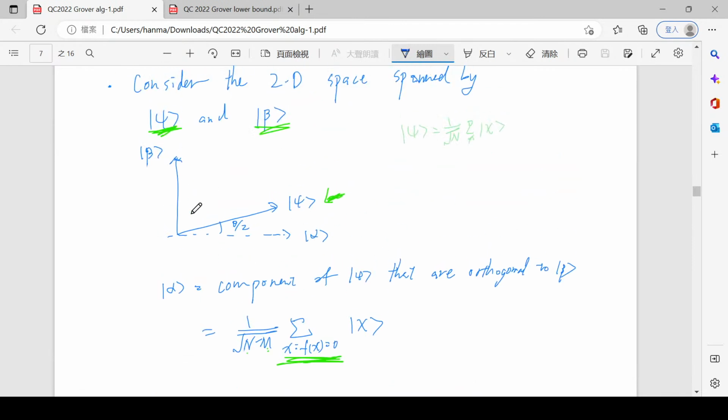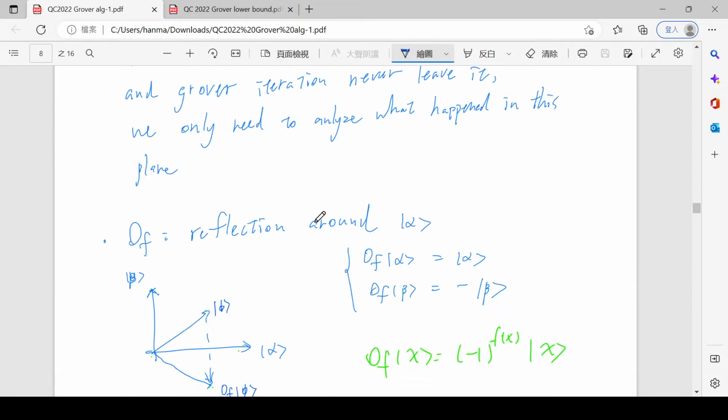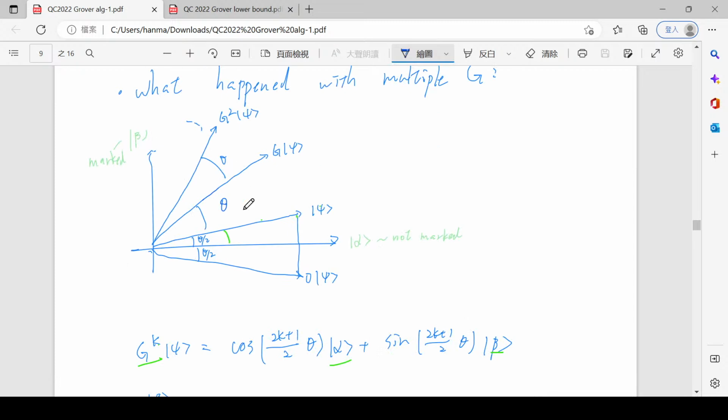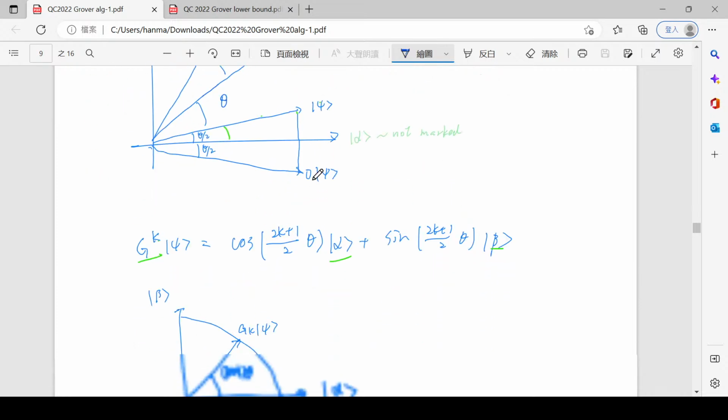Everything happens in this 2D plane, spanned by the equal superposition of all states and the equal superposition of marked items. So two reflections turn into a rotation, and the rotation angle is about square root of m over n.